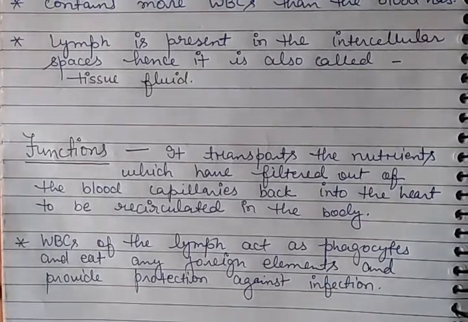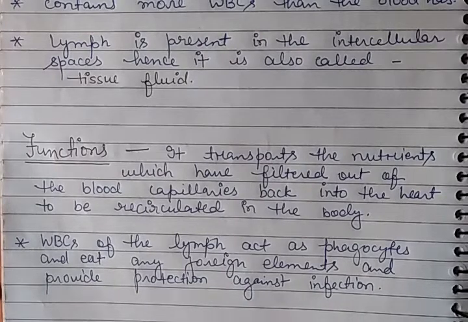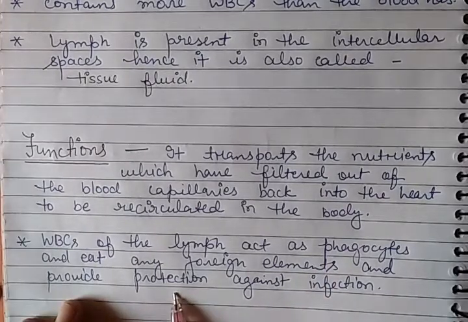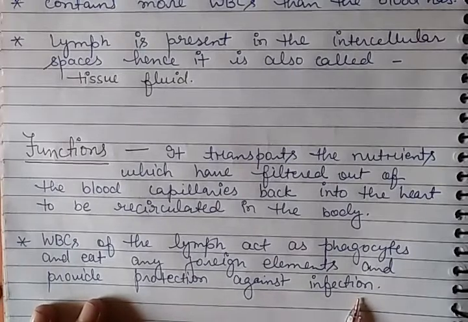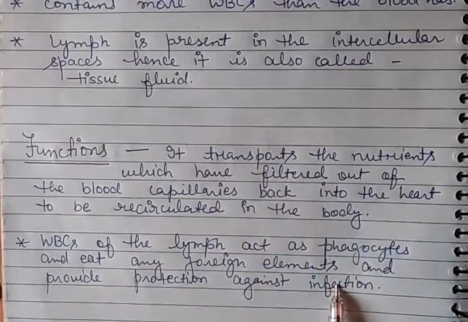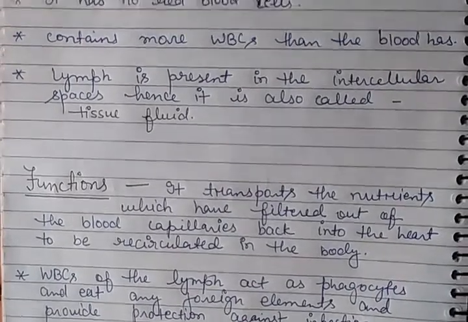As you know, the lymph contains white blood cells, and what do white blood cells do? They eat all the foreign, unwanted, harmful elements and germs to protect our body from infections. So this is the main function: transportation and defense mechanism.